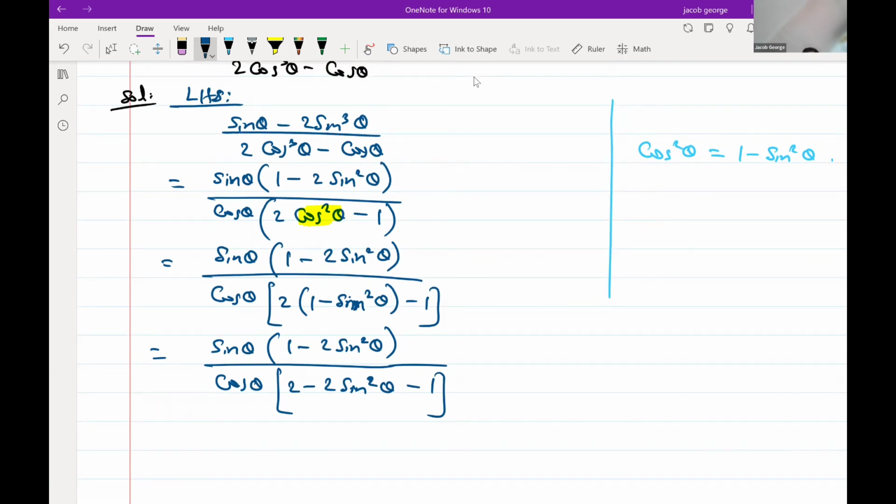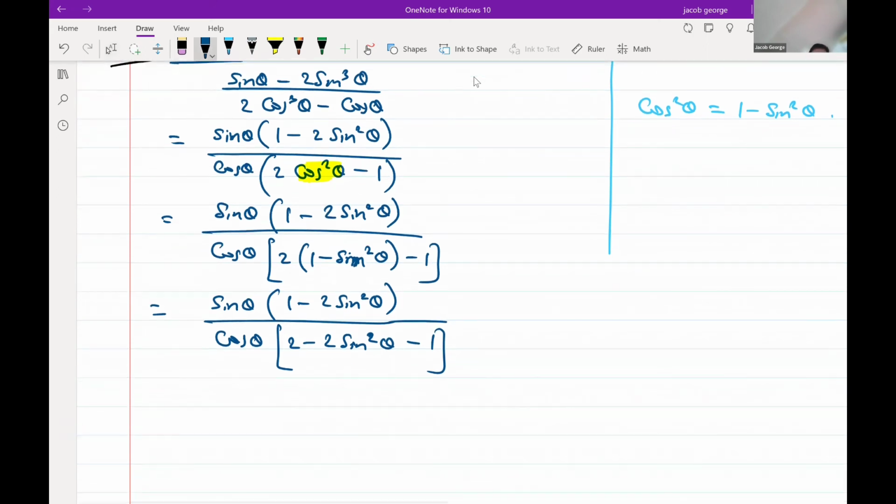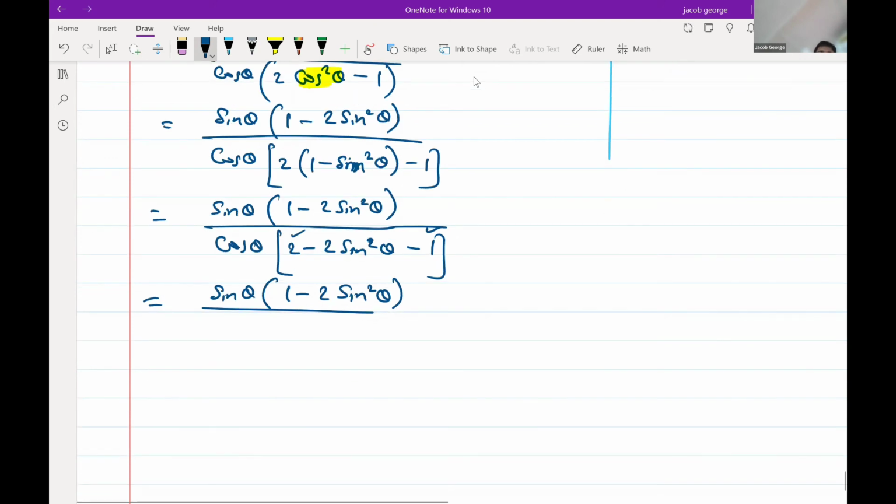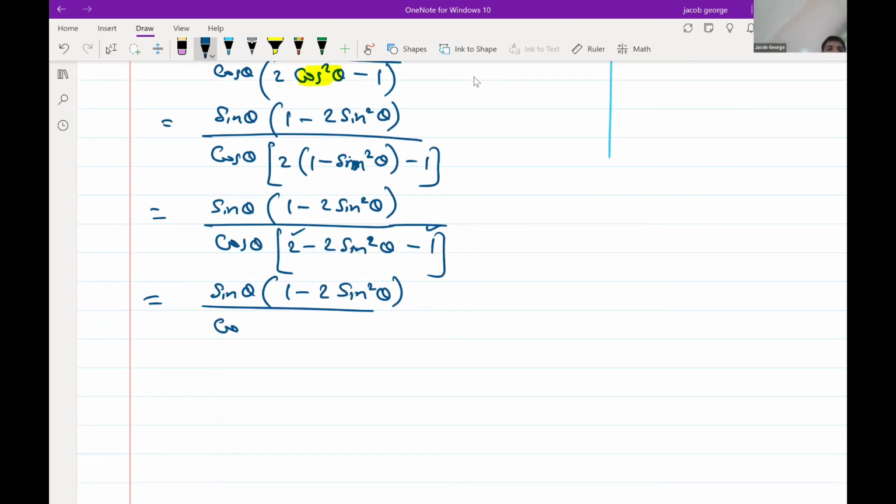Now this 2 minus 1 we can subtract. What is 2 minus 1? 1. So this will be 1 minus 2 sin square theta in the denominator. So sin theta into 1 minus 2 sin square theta upon cos theta into 1 minus 2 sin square theta.